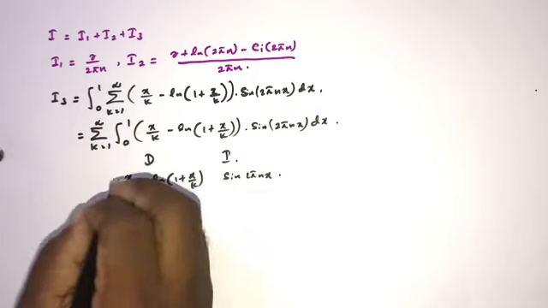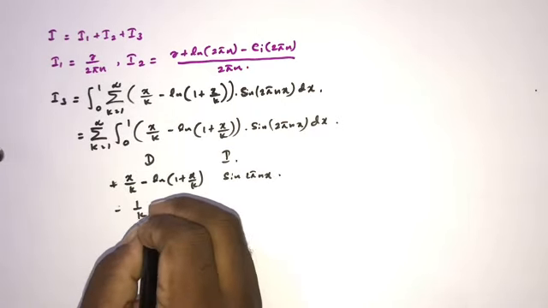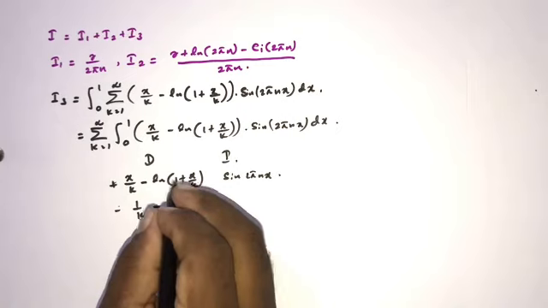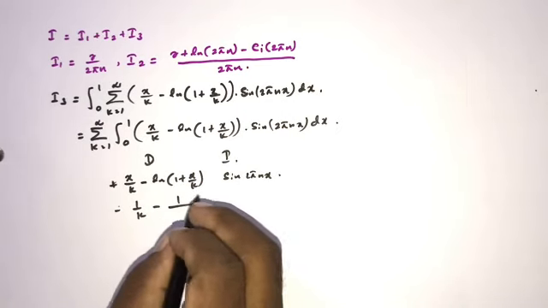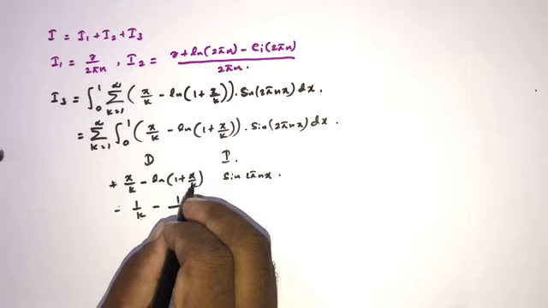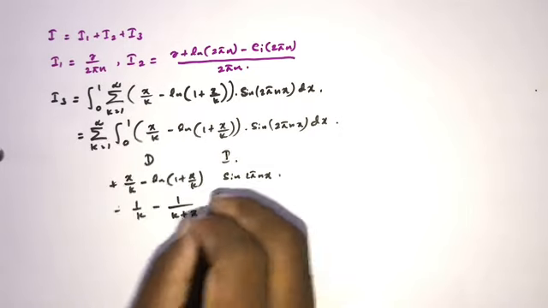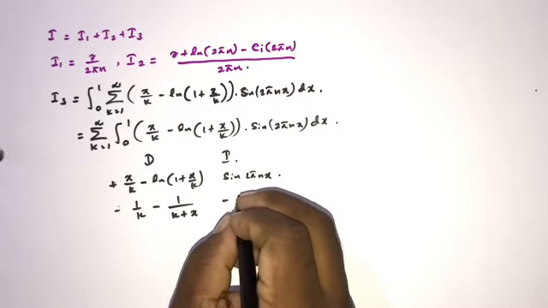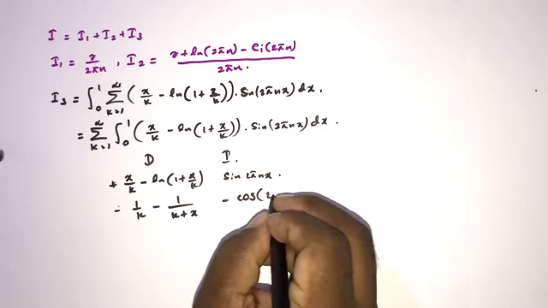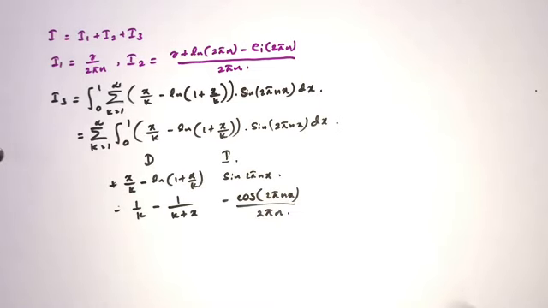Then here we have 1 over k minus the derivative of natural log of 1 plus x over k, which is 1 over 1 plus x over k, so k plus x over k times 1 over k. So here we have k plus x, then integration gives minus cosine of 2 pi nx over 2 pi n.